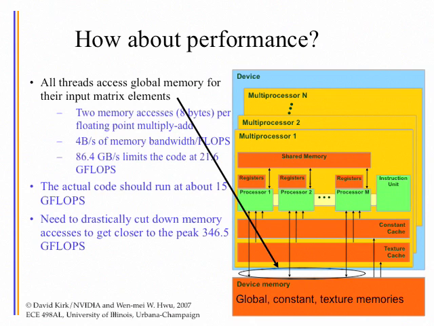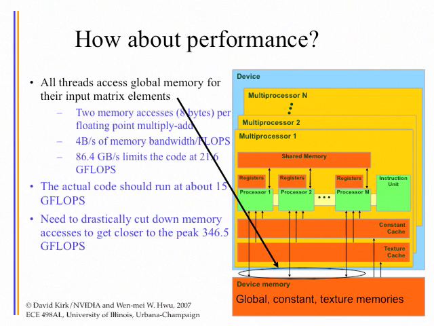If you do a little bit of calculation, you'll find out that for every floating point multiply add, which counts as 2 floating point operations, you'll also be doing 2 memory accesses, right? So you read the 2 input elements from each array, and then you do a multiplication and you accumulate, right? So 8 bytes of data, as single precision is 4 bytes each, right?